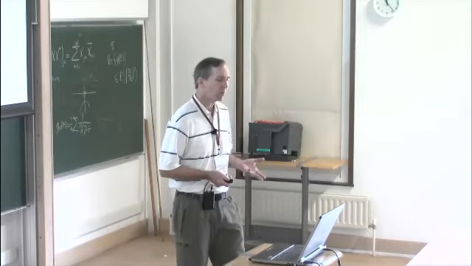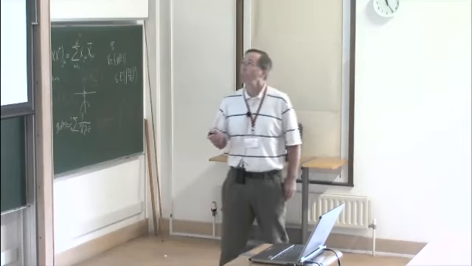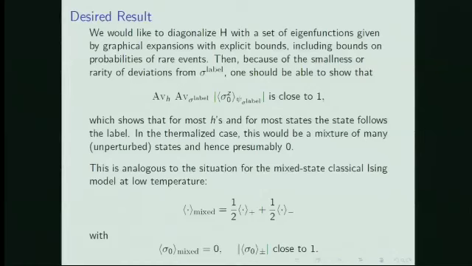Okay, so what type of result are we looking for? Well, like I said, we want to diagonalize the Hamiltonian with a set of eigenfunctions. We want to be able to have strong control over what these eigenfunctions are like, analogous to the statement in the ordinary Anderson model that you have exponential decay of eigenfunctions. So we obtain this by developing a graphical expansion with explicit bounds.